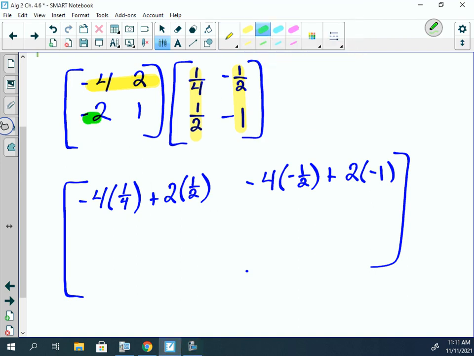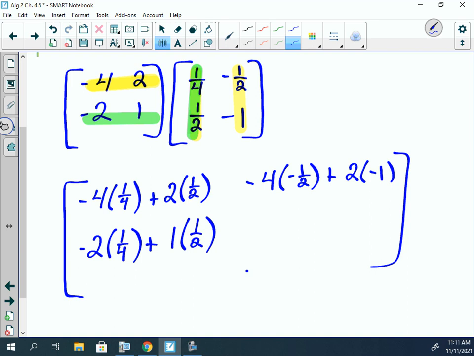Now we could do the next multiplication, which would be over and down, which would be negative 2 times 1/4 plus 1 times 1/2. The last one would be our over and down, which would be negative 2 times negative 1/2 plus 1 times negative 1. Any questions on this here so far?